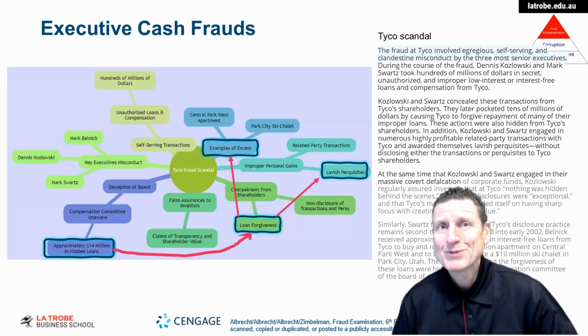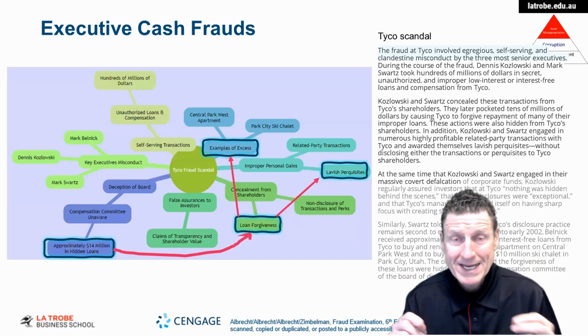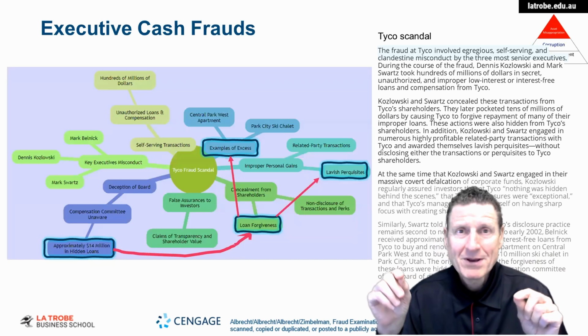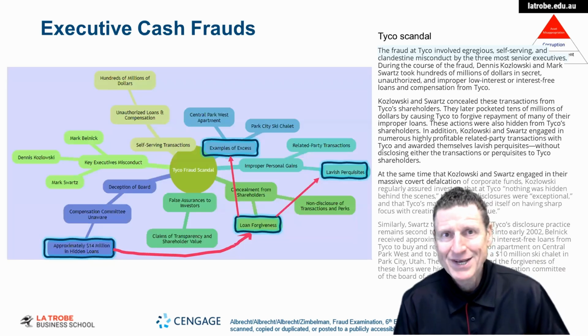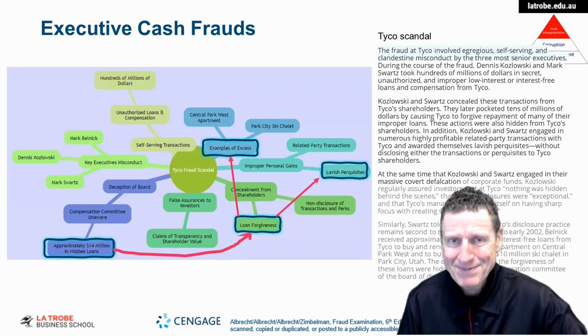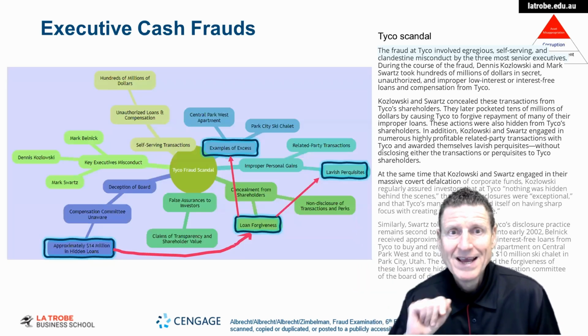Remember, Tyco was one of the top 25 in financial statement frauds, and the usual suspect rears its head again, but in a different way, because here the executives not only fudged the financial statements, as we explained in Learning Module 13, the previous chapter, but they also engaged in occupational fraud against the organization by giving themselves loans and hiding those loans from the company, Tyco, and then spending those loans on lavish perquisites, a Park City ski chalet, as we can see, and a Central Park West apartment.